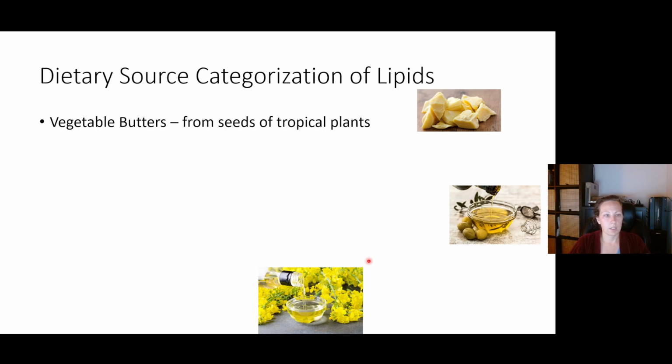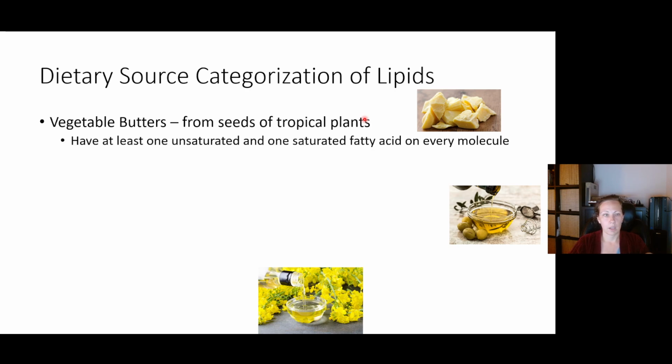The next dietary source we call vegetable butters, and these are from seeds of tropical plants. For every triglyceride, they're going to have at least one unsaturated and one saturated fatty acid on every triglyceride molecule. An example here would be cocoa butter.